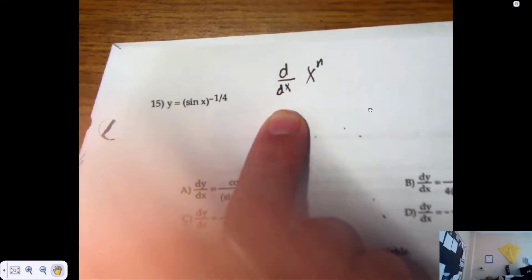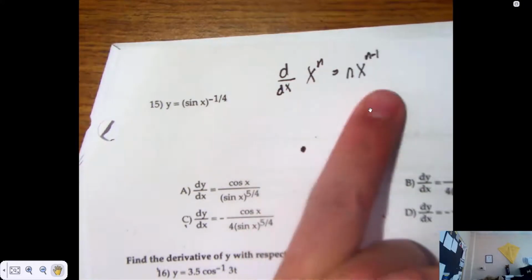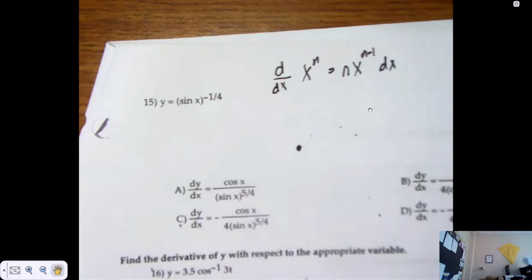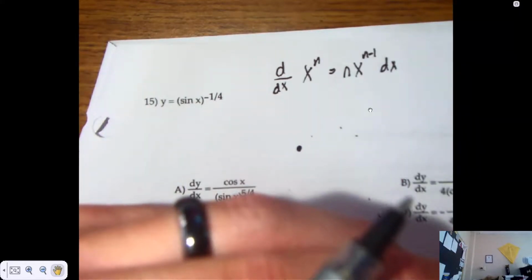Where does the n go? Out front. You take away 1, but then you also have to take the derivative of whatever's inside. It looks ugly, but it is that rule. It is something with an exponent. That's all it is.